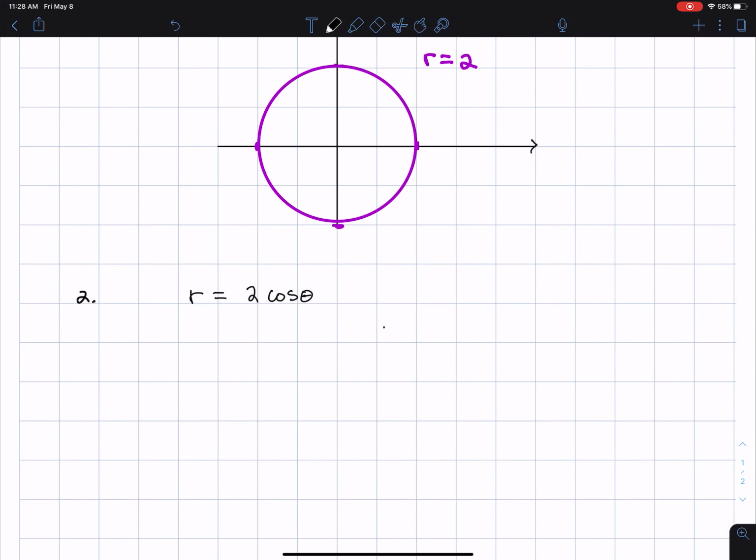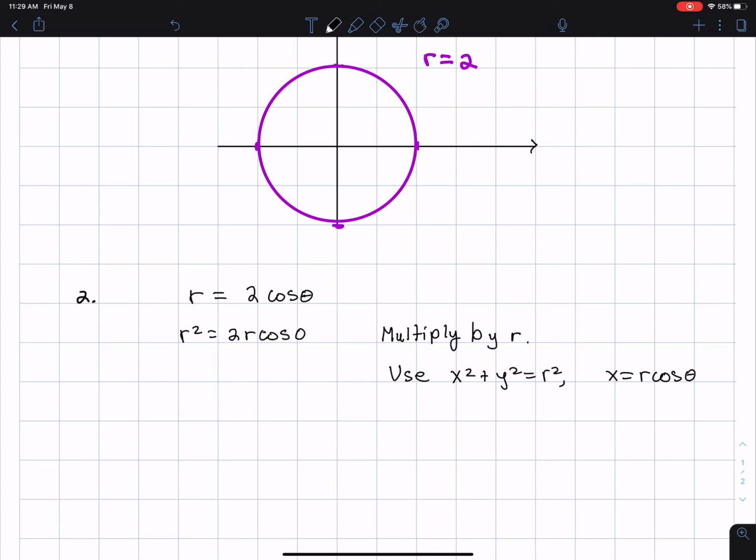So we're going to multiply by r, and I fully appreciate that this does not seem like a natural thing to do. So there's some memorization involved. Multiply by r, and then we're going to use that x squared plus y squared equals r squared, and that x equals r cosine theta.